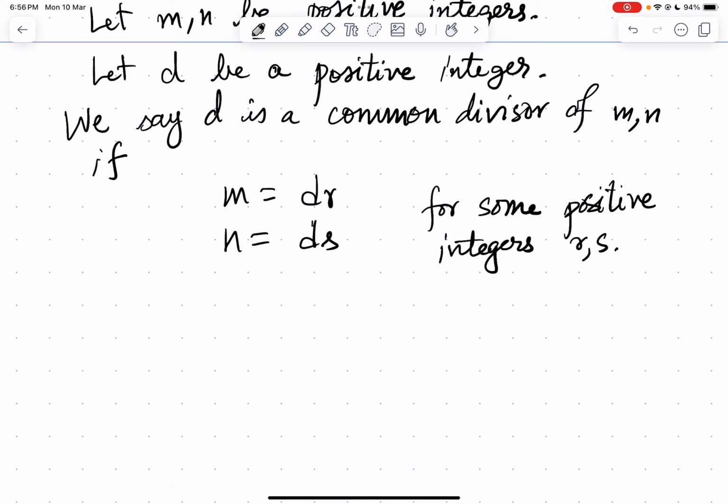Then we say d is a common divisor of m and n. This is what common divisors mean.